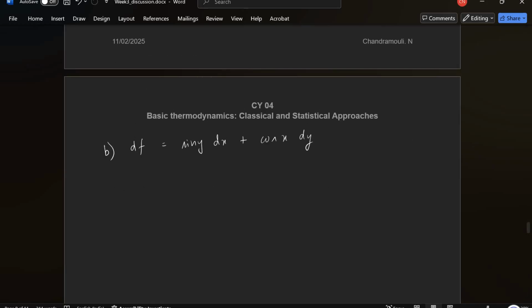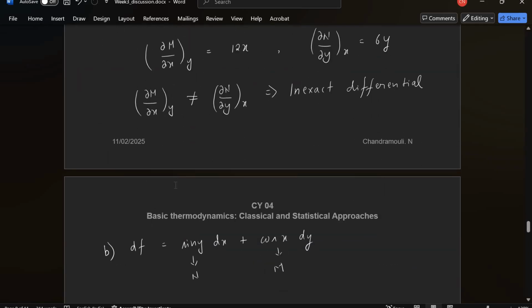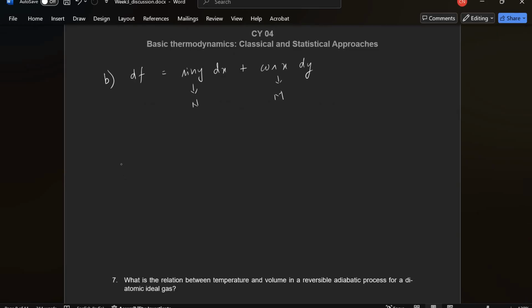Again, this is going to be easy. This one is N, this is the M part. So del M by del x at constant y is going to be this one, so that's minus sine x.